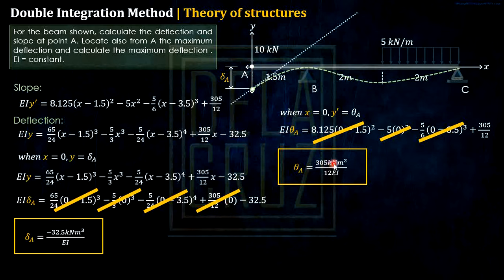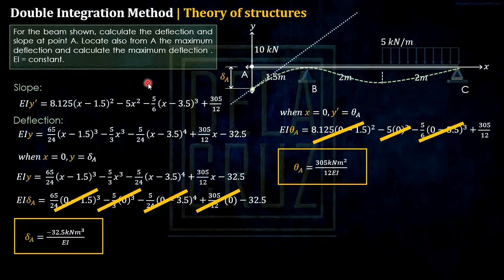Then, kailan mag-0 yung ating C1, which is the slope at the first point? C1 will be 0 when the support at the first point is fixed. Because fixed support, it will be restrained. It will not freely rotate yung ating beam at that point. 0 yung slope diyan. So, the C1 and C2 will be 0 when the first point of the beam is supported by fixed support. So, technique na lang yan, hint niyo lang para mas madali kayo mag-solve.